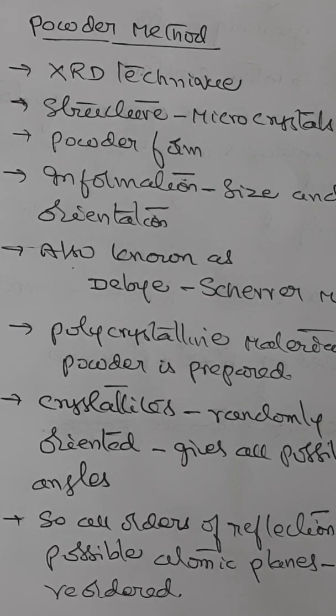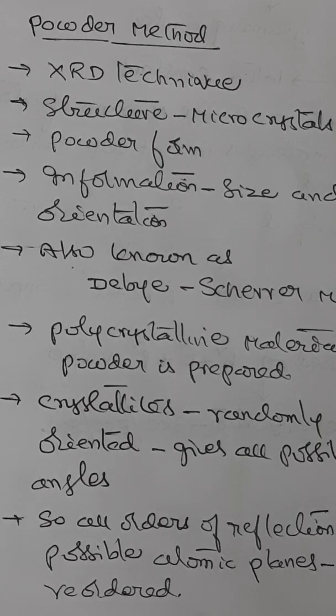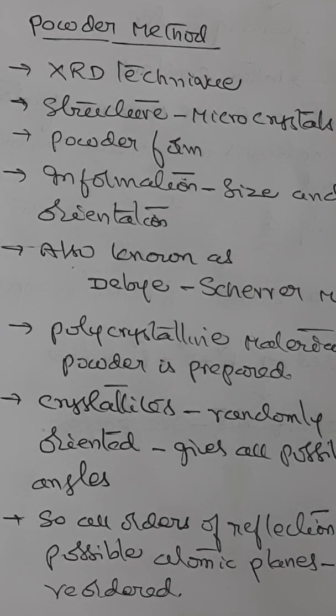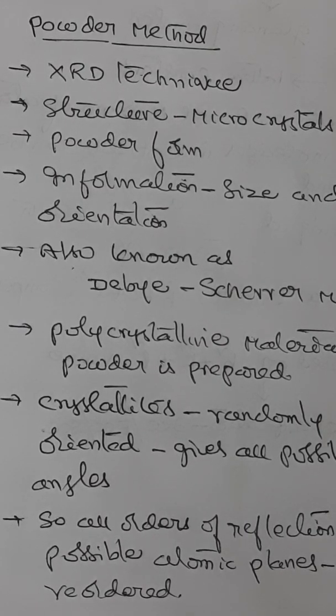Once you make it a powder, naturally they are all oriented in different directions. That means they make all possible angles with the incident X-rays. Because of that, we can get all types of orders of reflections from all possible atomic planes recorded at the same time. This is the advantage of this system.